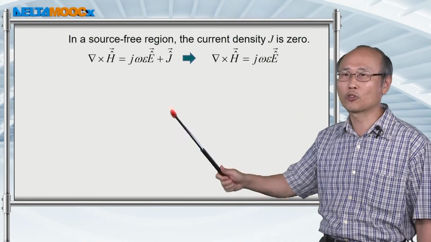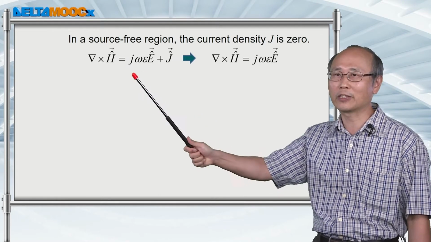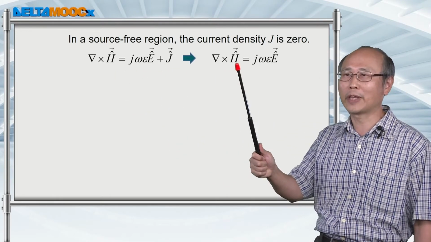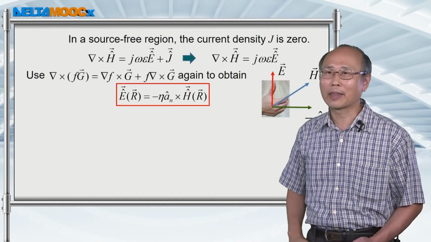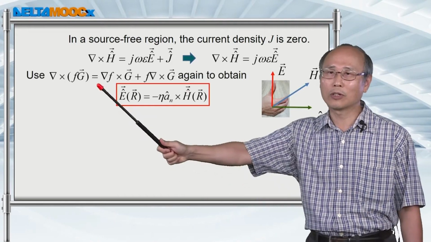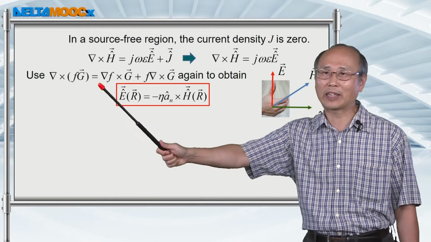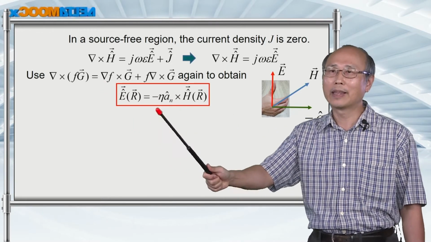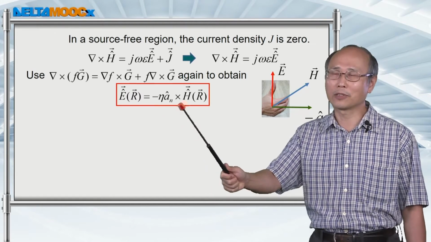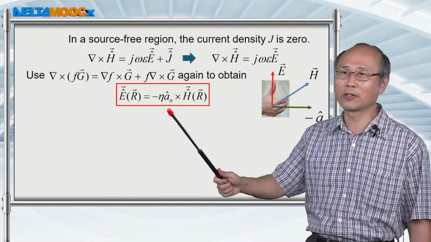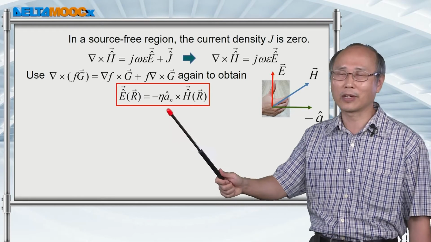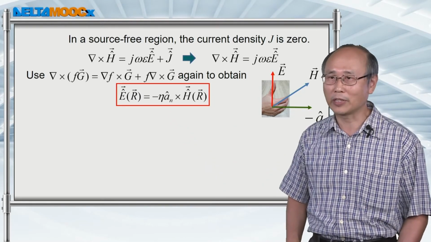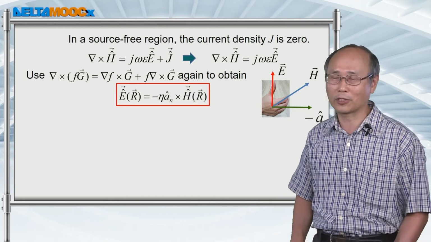So you can just drop the source term in this expression and deal with the relationship between H and E. You apply the same vector identity to the calculation again, and then you come up with these results. I'm not going to go through this calculation again because it is going to be the same as the calculation we just did on the last two pages.